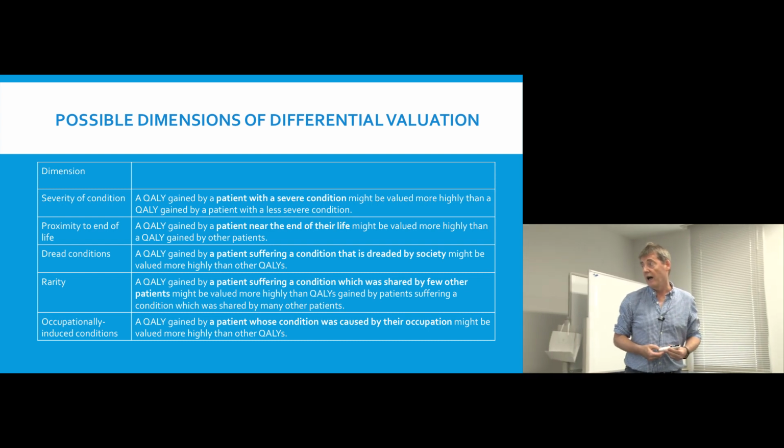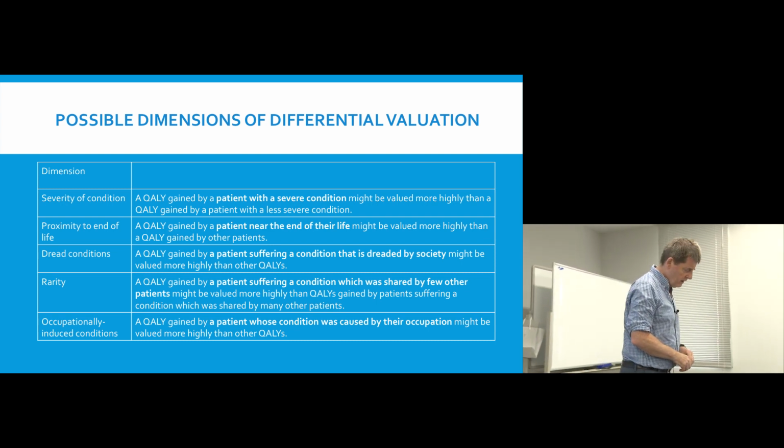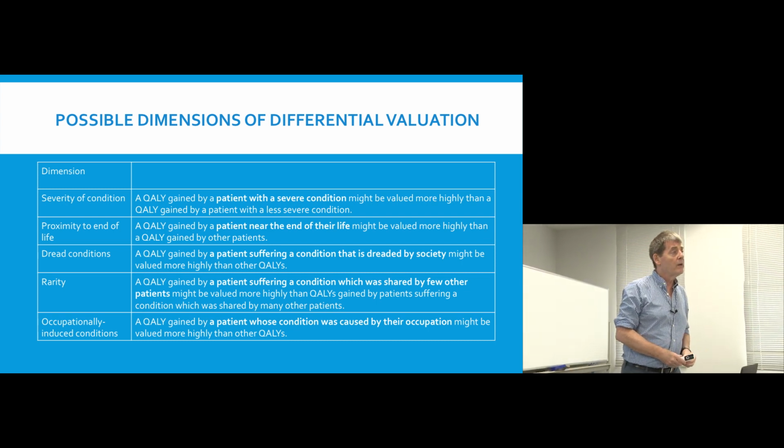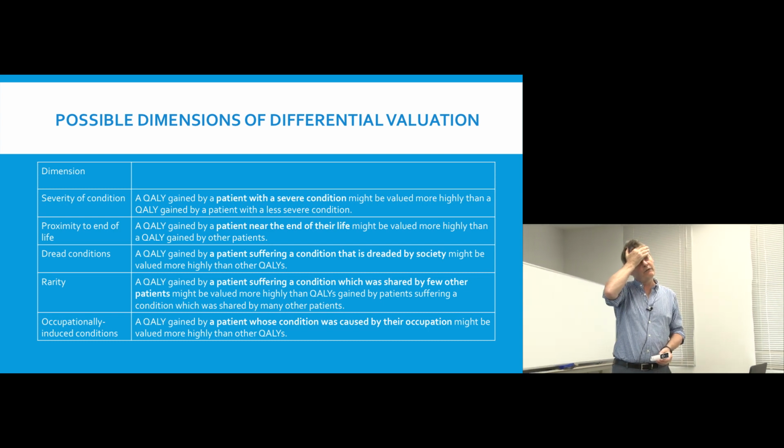And indeed, I remember a situation. I was on a committee in the UK where we approved a drug called pemetrexed for treating mesothelioma, although it was above the threshold for cost effectiveness. The argument was these individuals were very unfortunate.